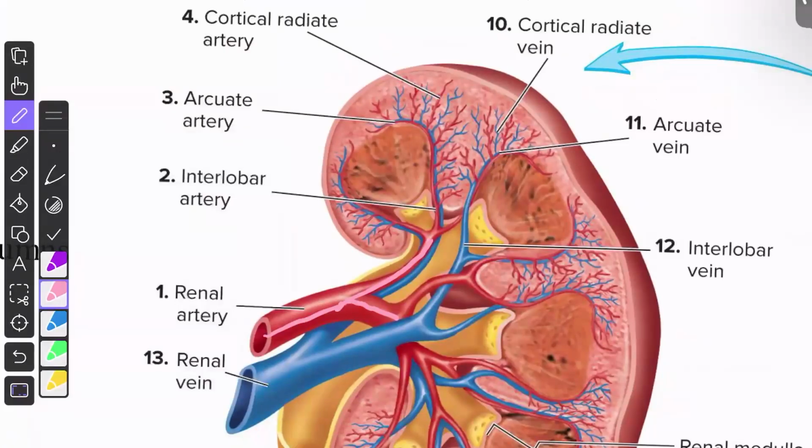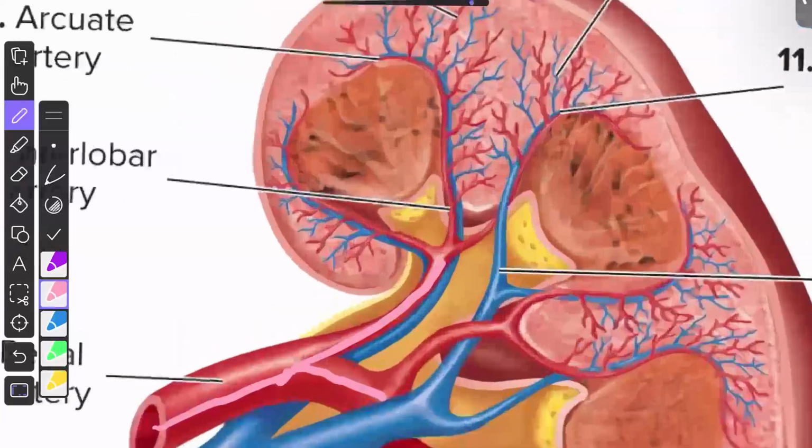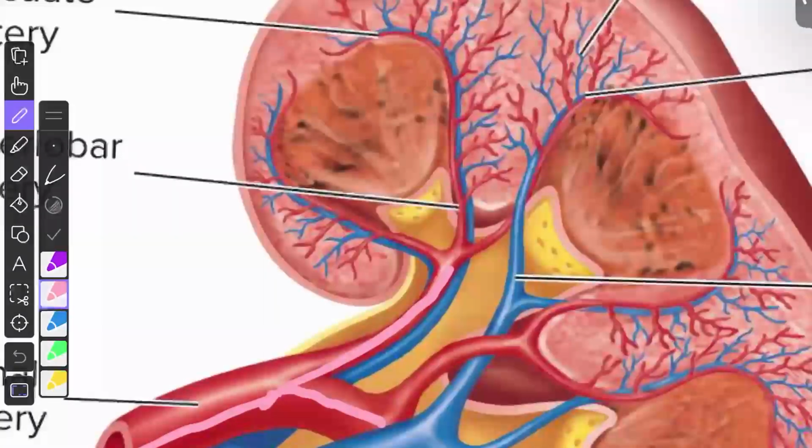The segmental arteries will go to the different segments of the kidney. You'll notice that each segmental artery runs and then branches to move up in that cortical column, right? So the segmental artery is going to branch when it gets up here into what we are going to call the interlobar arteries. Okay, interlobar, between the lobes.